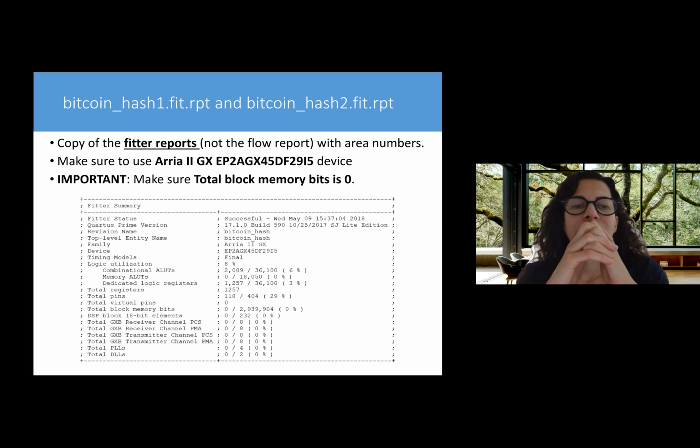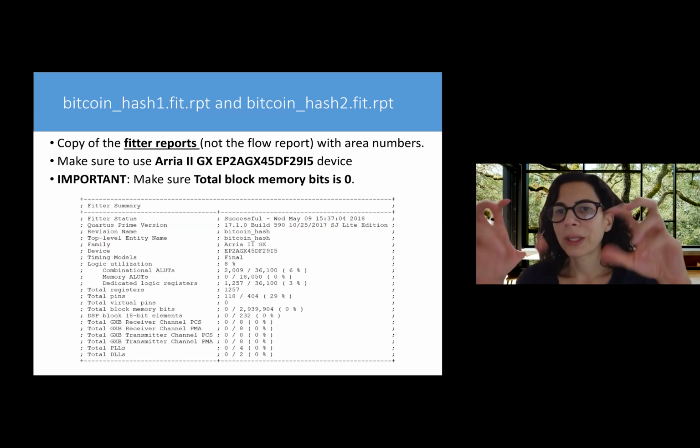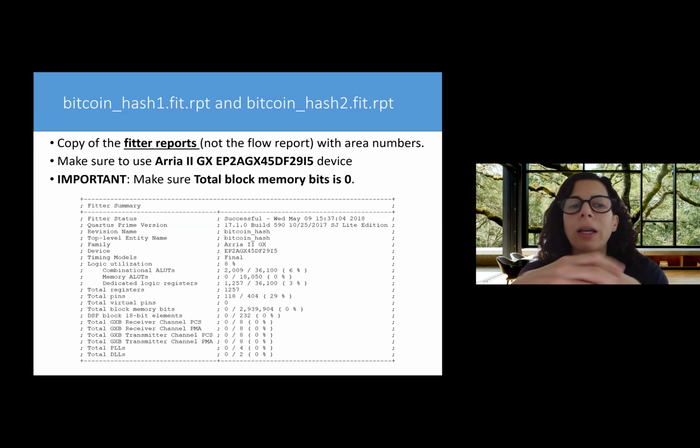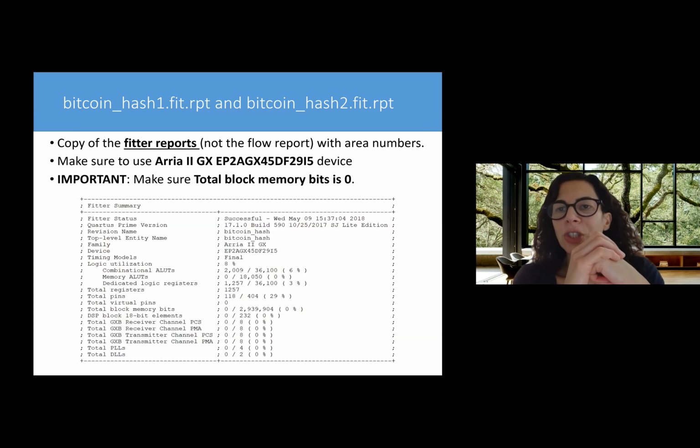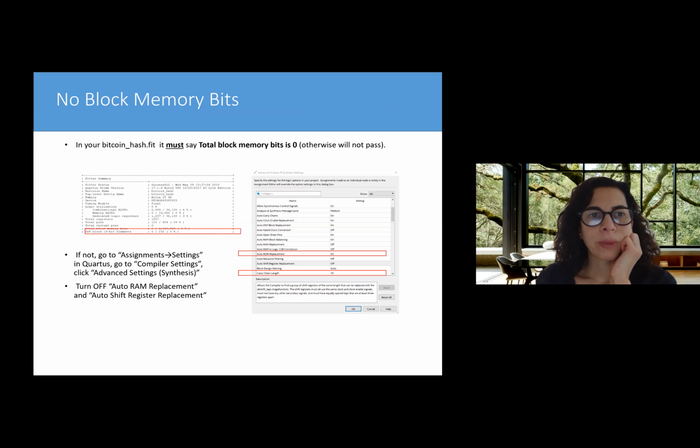And then this report tells us how much area you're consuming on the real estate of this simulated chip that they have in their environment. So you basically just need to make sure that you're selecting the right device, and the simulator is doing the rest for you.